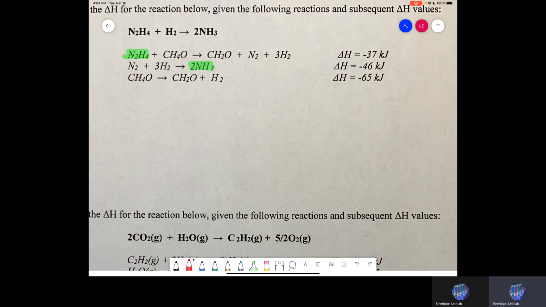In the original equation, I have 2 NH3 on the product side, so I'm going to leave that alone. We have already talked about what to do with this third equation, and we are going to flip it. Okay, so now what you want to do is write down your new equations. The first one is going to stay the same.